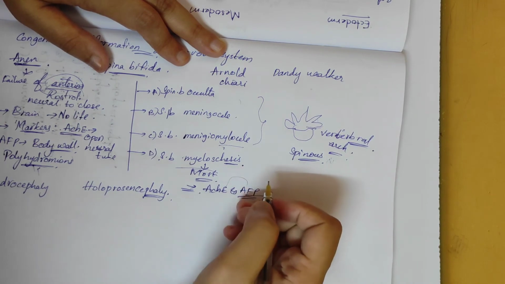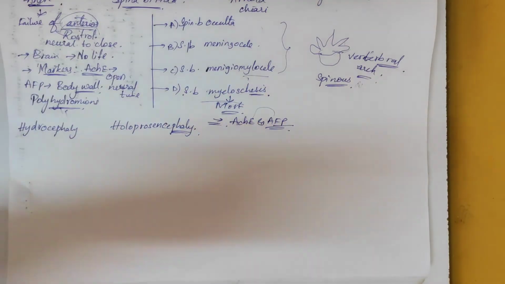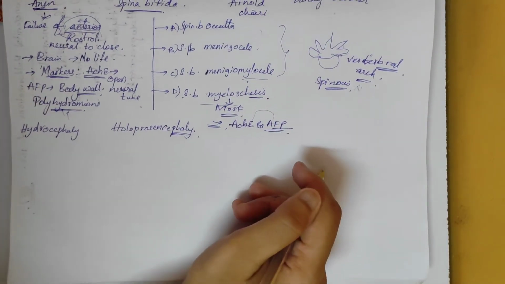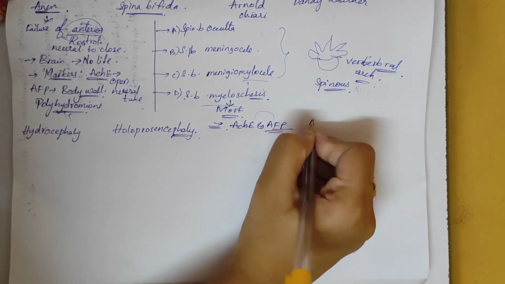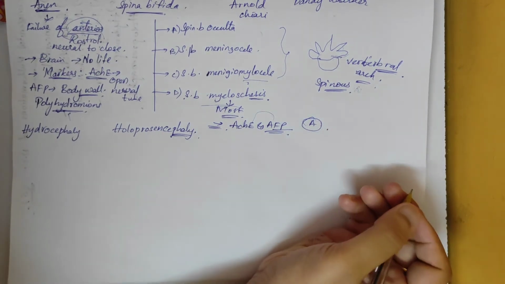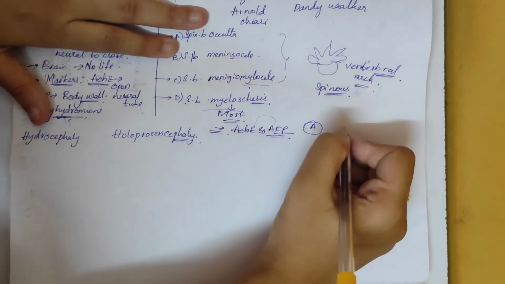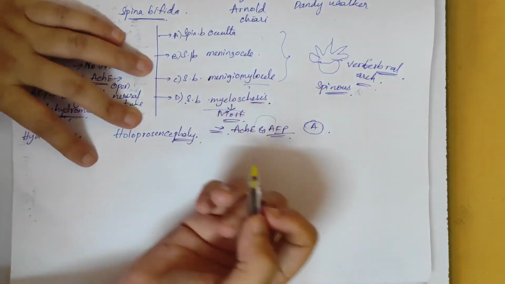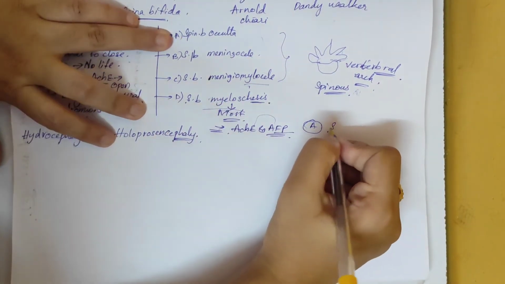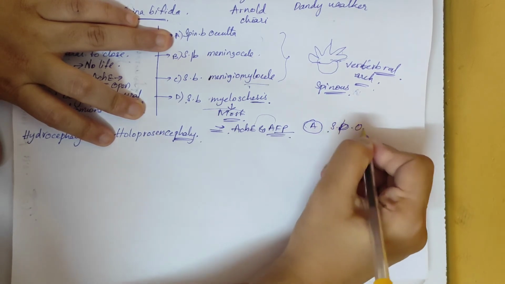So if we discuss this, if ectoderm, that is skin, grows over the site of the neurulation, and the spinal cord is normal and is surrounded by CSF, what is this case? This is nothing but spina bifida occulta.